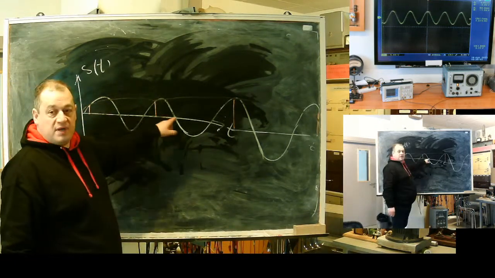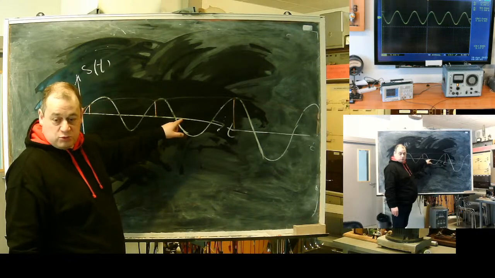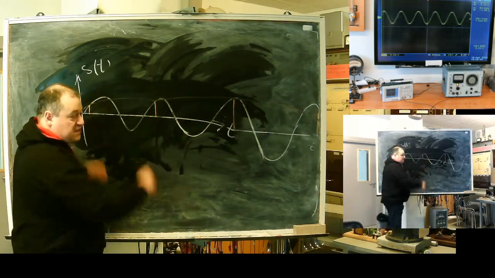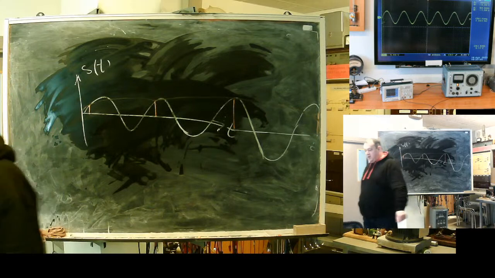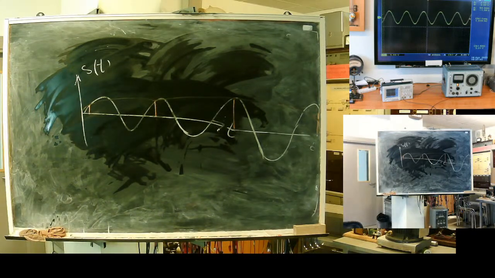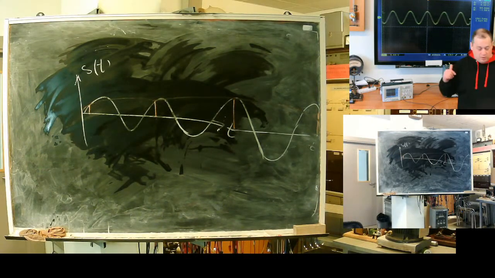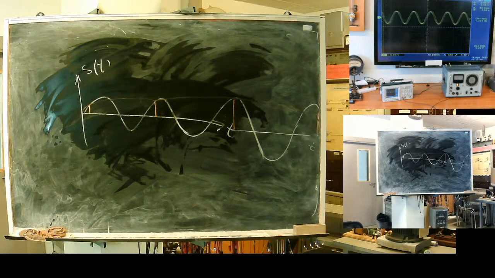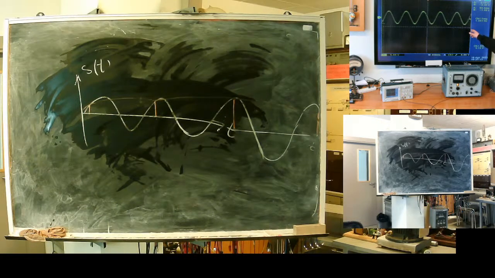If the sampling rate is too slow, or the distance between sampling points is too high, we have a problem. It's a limitation of digital system performance. If we see something like this, sound will be distorted, images will be corrupted, and so on.